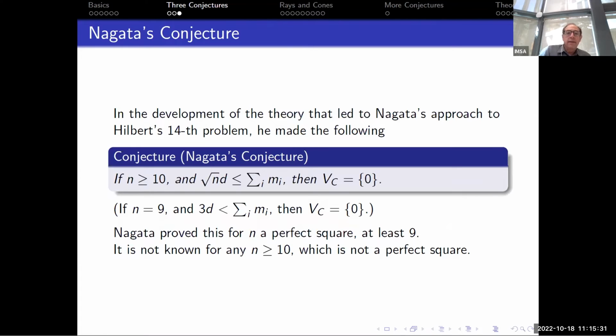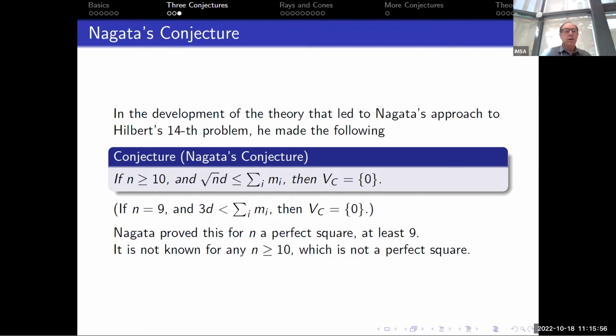Now, the next conjecture I wanted to mention was Nagata's conjecture. So Nagata in the late 50s, or was it in the 60s? It was in the late 50s. His approach to providing a counterexample to Hilbert's 14th problem about the finite generation of the ring of invariants of group actions.